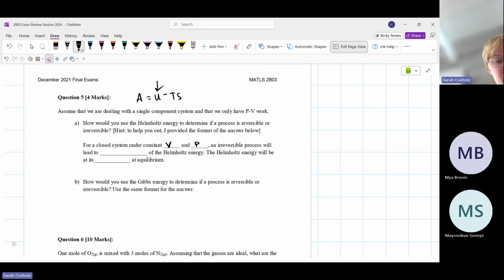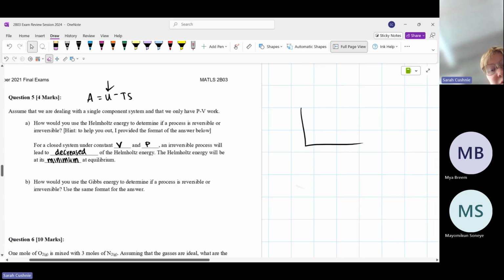An irreversible process will lead to, now it's basically the exact same as Gibbs free energy after that. It's treated the exact same way, it's just different variables that are at play. So an irreversible process will lead to a decrease of the Helmholtz energy, and it will be at its minimum at equilibrium. So this is the exact same as Gibbs free energy, right?